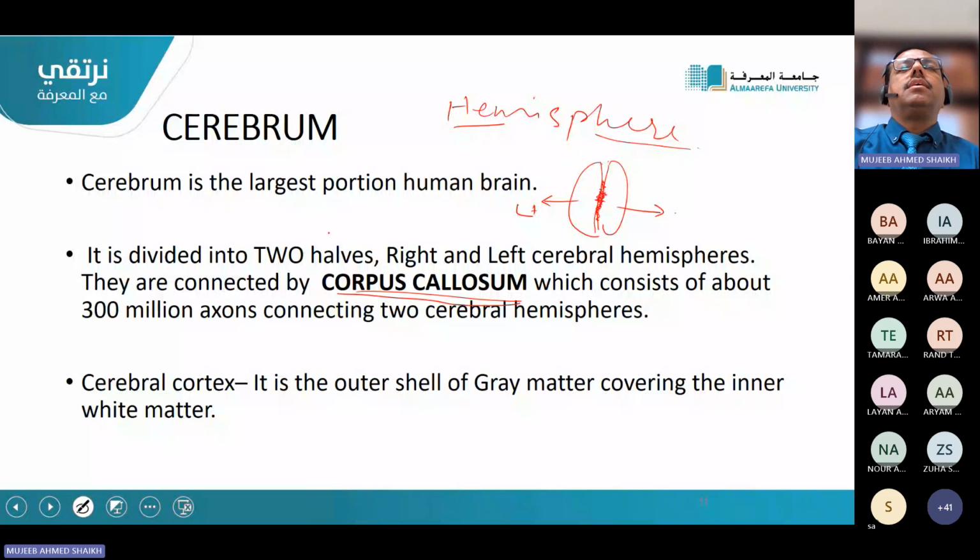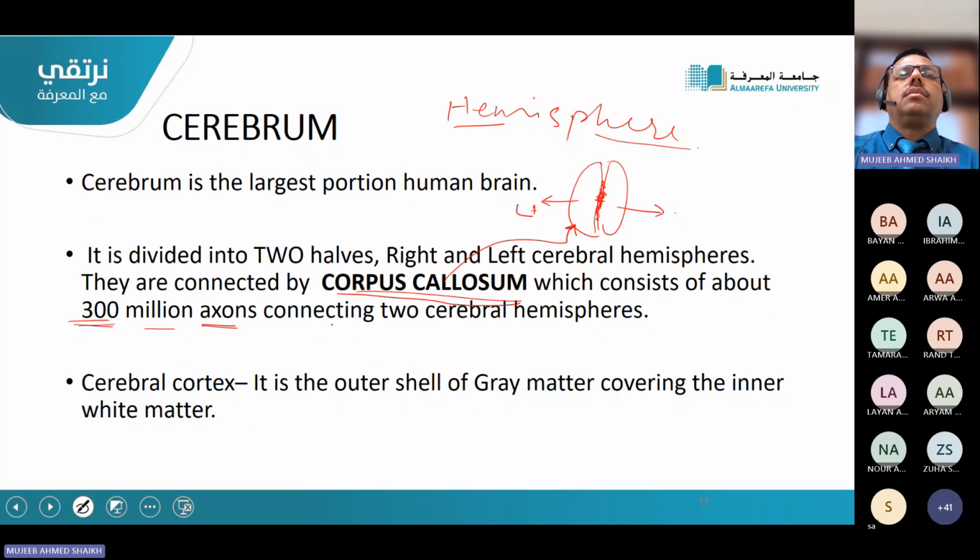This bridge is known as the corpus callosum, which is nothing but neurons coming from one area to the other. So 3 million axons are there connecting the two cerebral hemispheres.